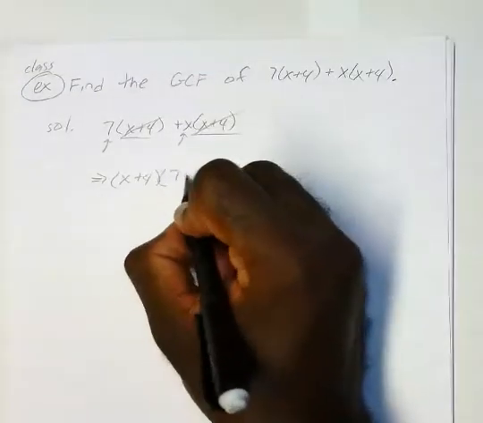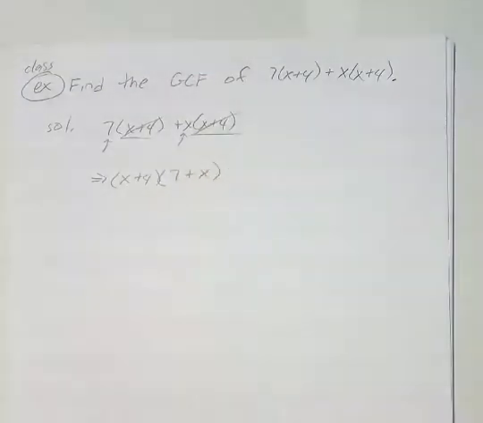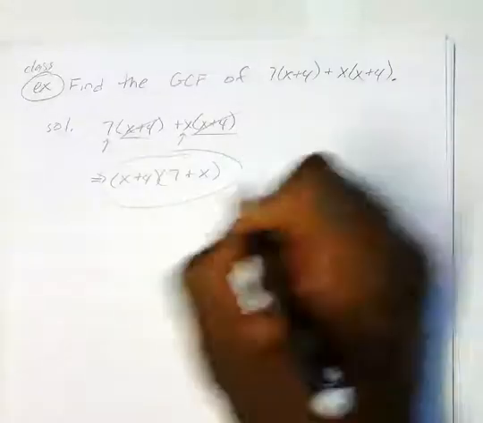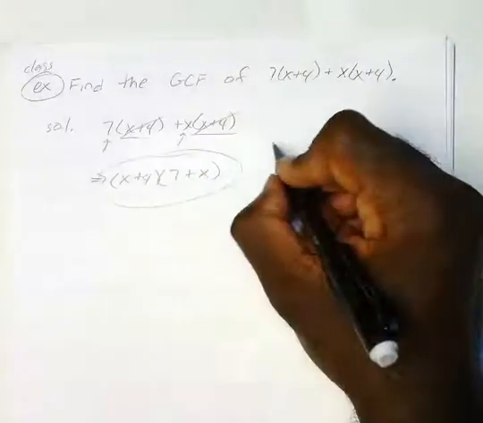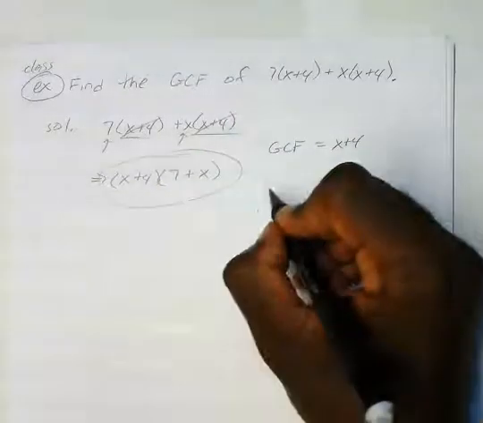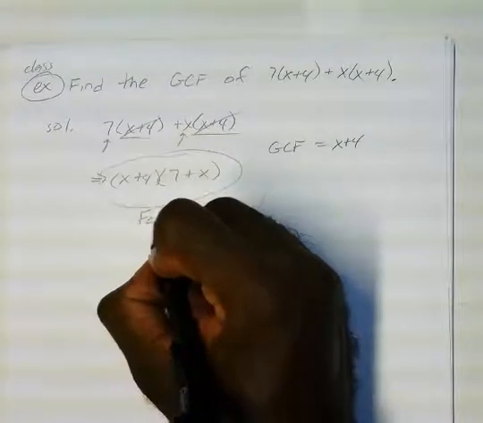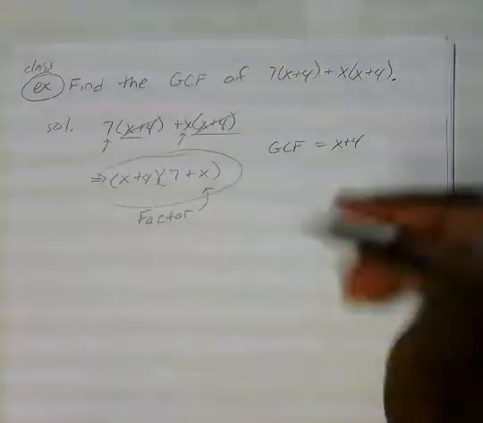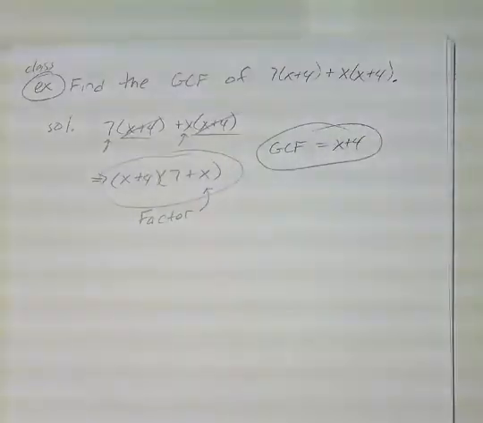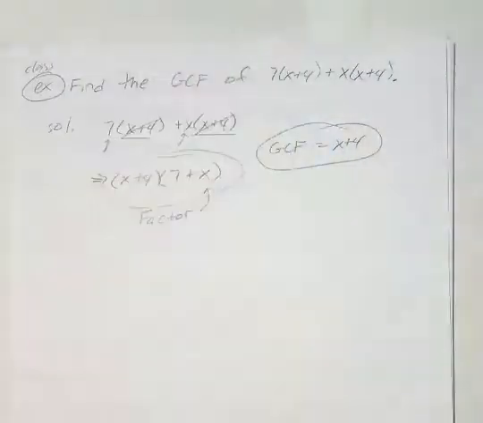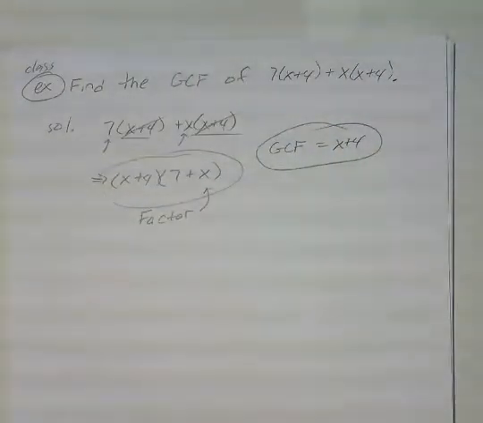So you have 7 plus x. Okay, so your greatest common factor is (x + 4). But your factor is this. And I probably should have put "and factor."